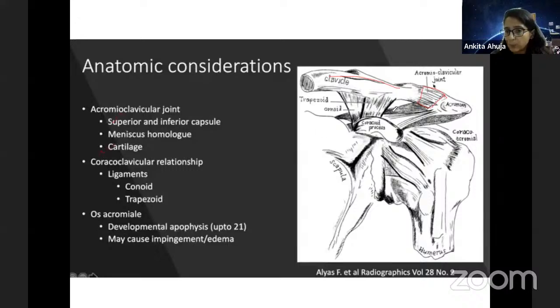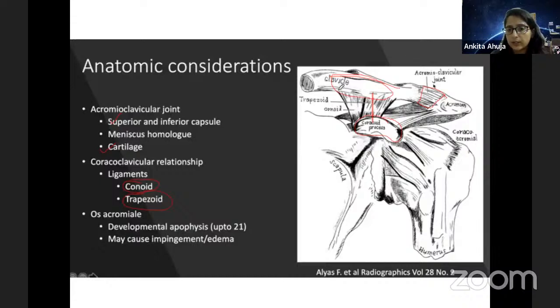Another important thing which helps the joint remain stable is your coracoclavicular ligaments. This is your coracoid process and this is your clavicle, and there is a ligament which extends between the two, that is your coracoclavicular ligament. It has two components, conoid and trapezoid.